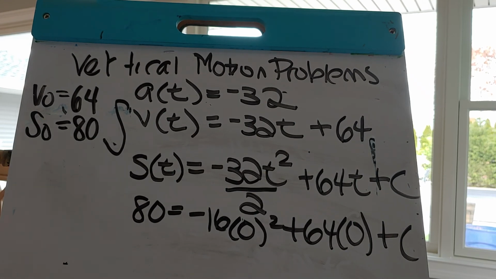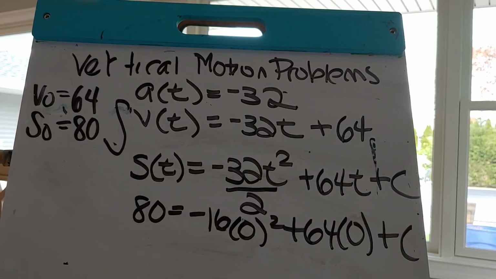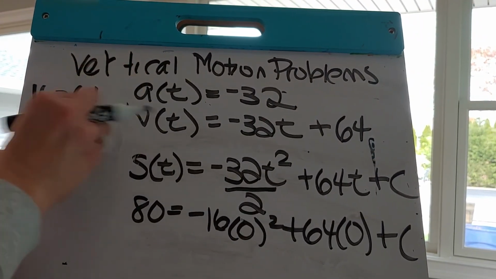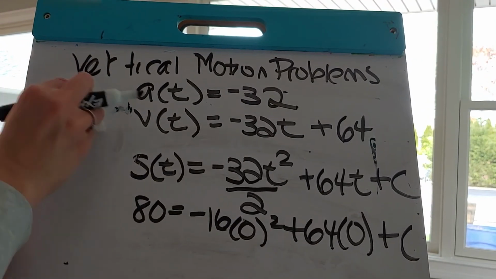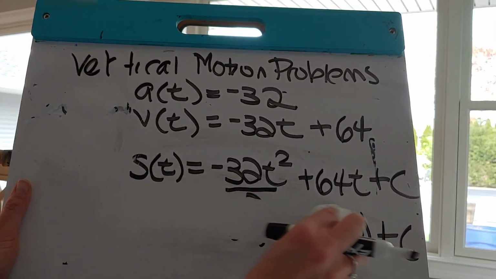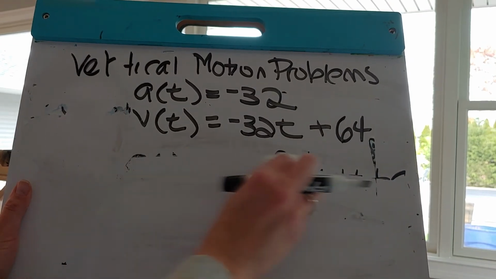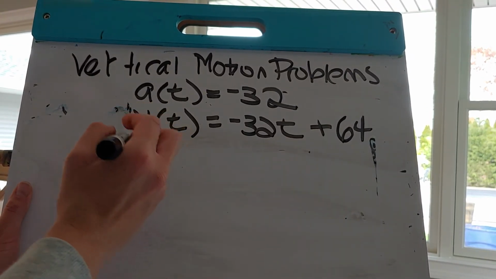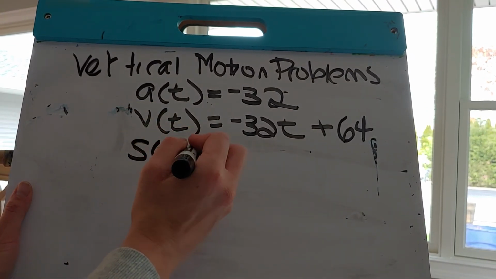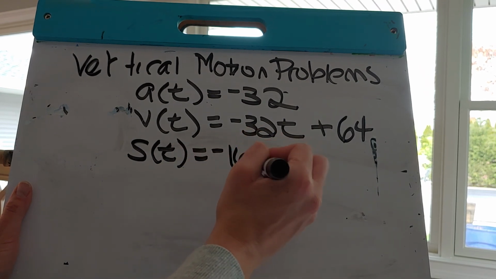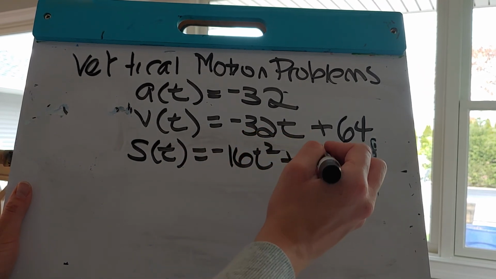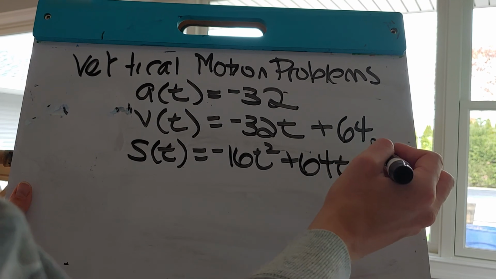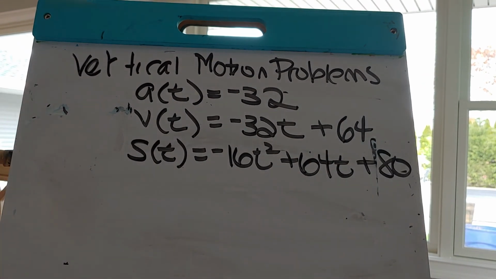So that means that my position function is negative 16t squared plus 64t plus C, which is 80.